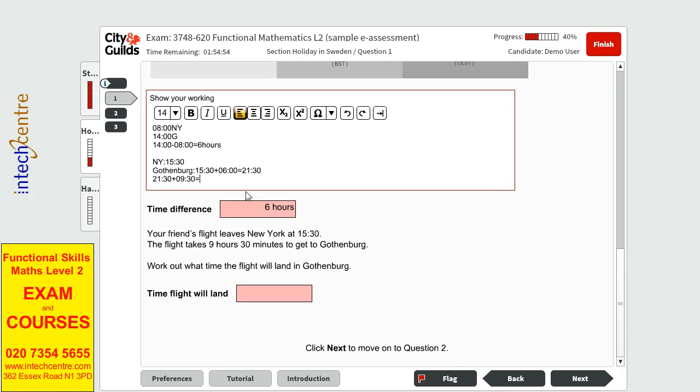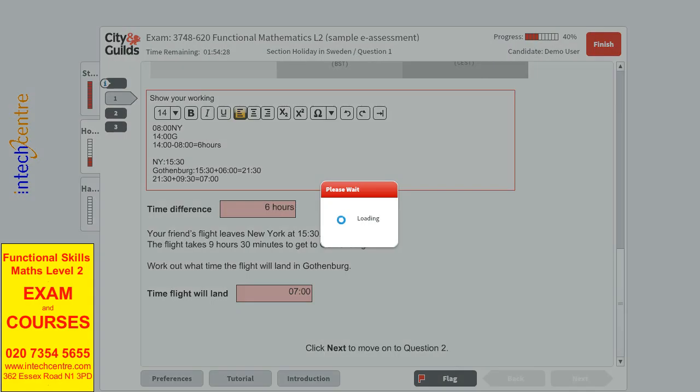And then we will get 7 a.m. Or you could write it the same way we did before, like so: 07:00 a.m., or you can just write 7 a.m., however you prefer.